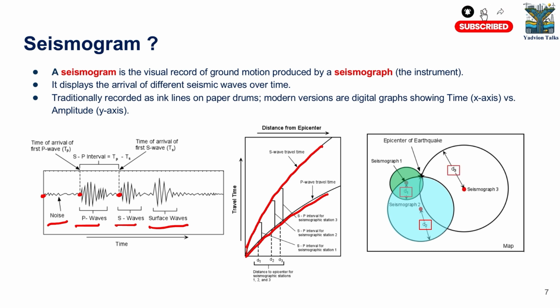Then seismogram 3 and distance d3. So d1, d2, d3 are the distances calculated from the interval between the S wave and P wave. And the point where all three circles meet is called the epicenter of the earthquake.